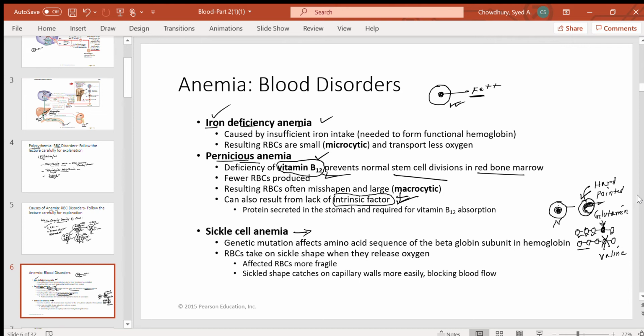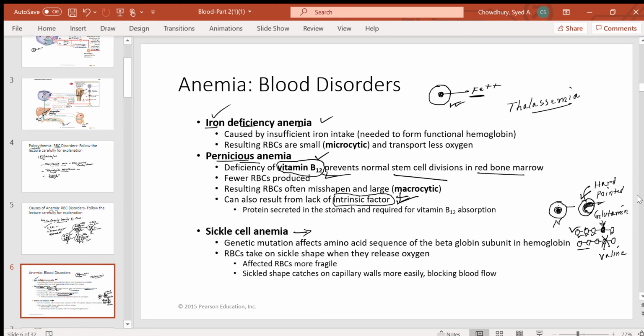Another type of anemia, it's not mentioned here, happens due to a faulty globin chain. This one also is related to a faulty globin chain, that is called thalassemia.